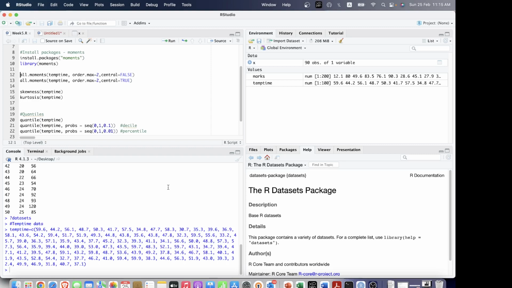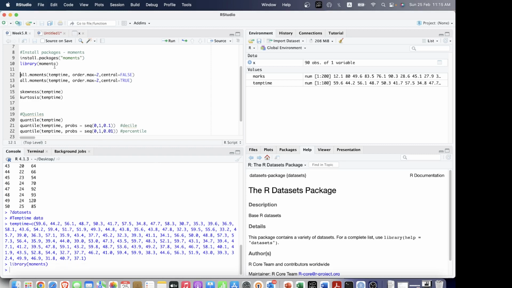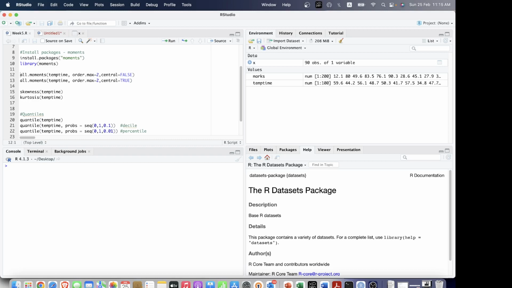Okay. So at first what you have to do is install.packages moments, and then you have to load the library moments into your console, and then we have to find the first, second and fourth order moment. So since we need till order 4, order.max we'll put 4. And here since we are calculating raw moments, we would put central equal to false.